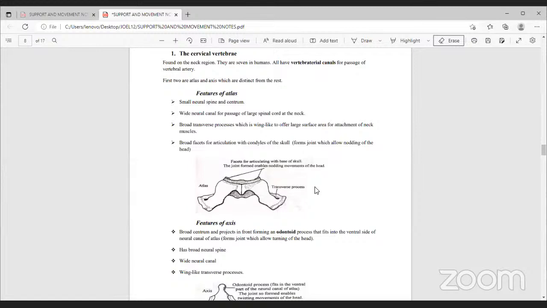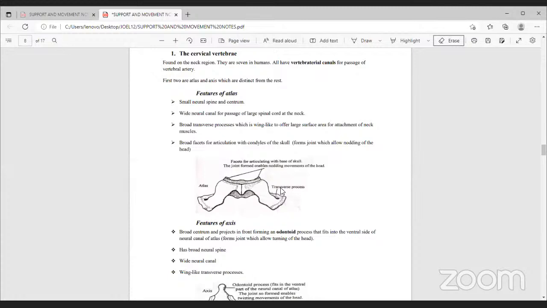The fact that they are small makes it different from the other 5. We are saying there are 7, but the first 2, atlas and axis, are different. One of the differences is that the atlas has a small neural spine and centrum. The others are large in size, large in appearance. The neural spine and the centrum in the atlas are small in size.